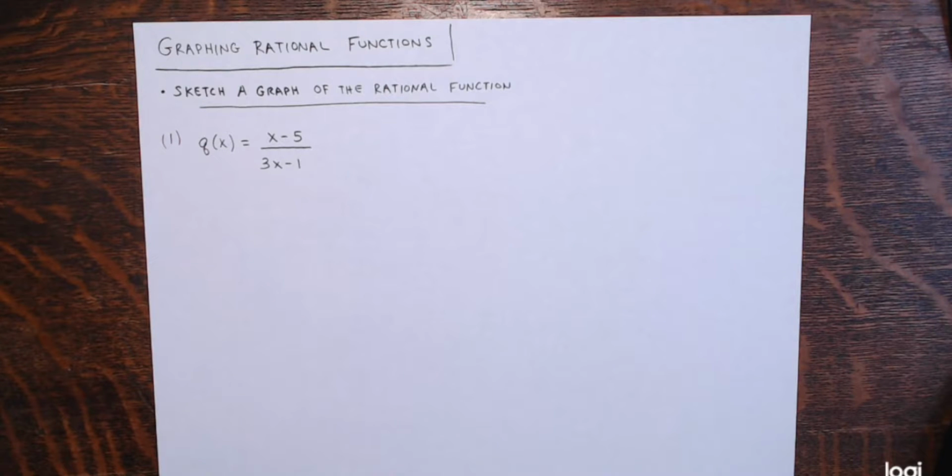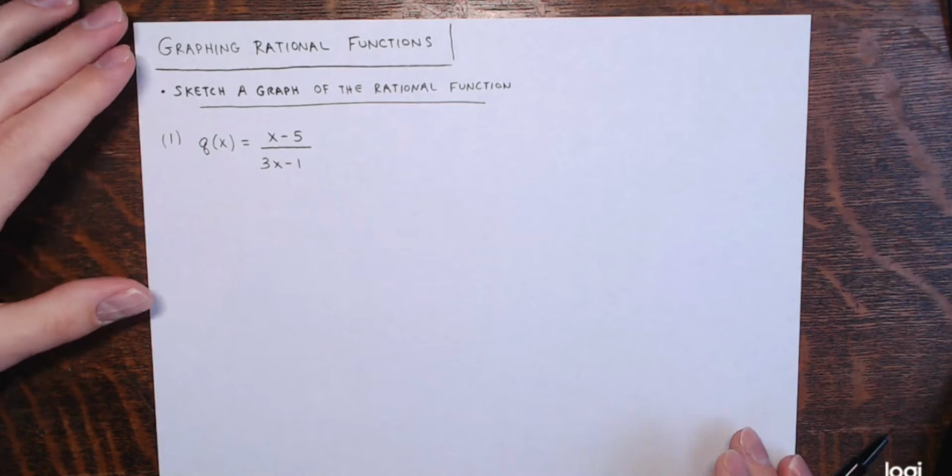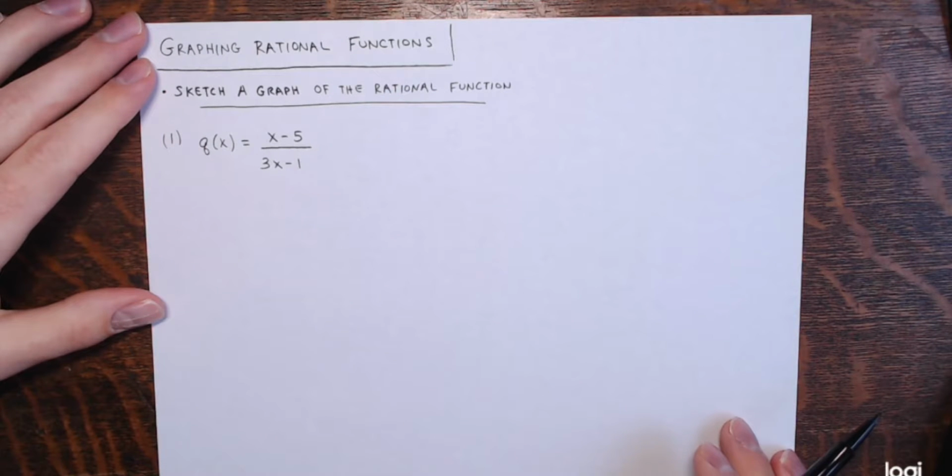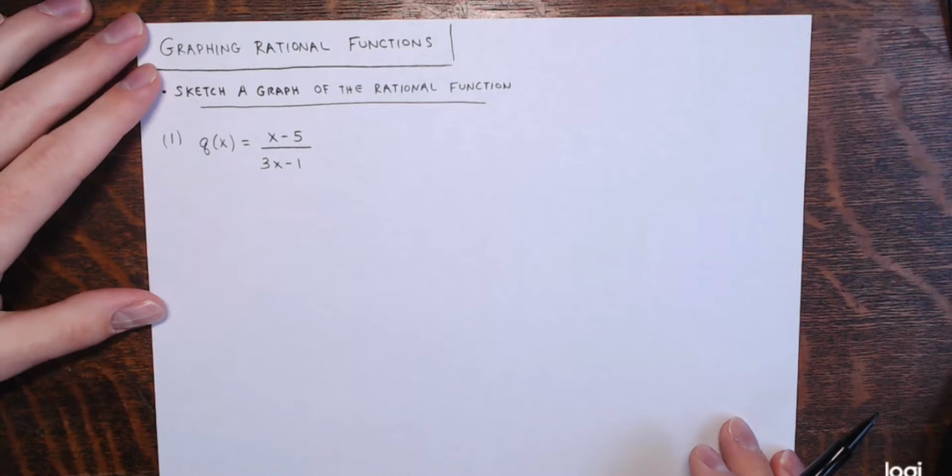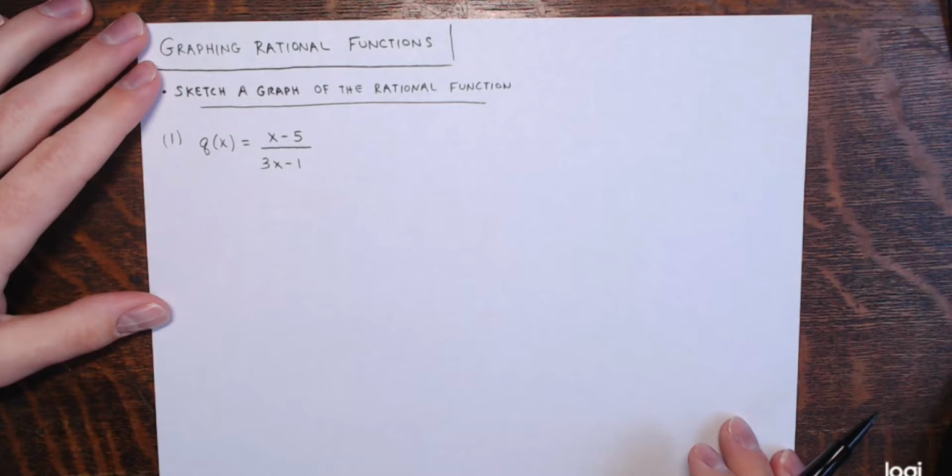You should be able to identify the vertical asymptotes or removable discontinuities, which I put out a video on prior to this from this same section of this text. You also should be able to identify any horizontal asymptote or slant asymptote that the function may have. And that should really be enough.